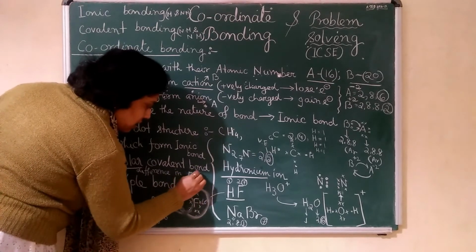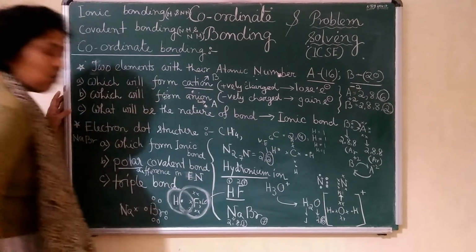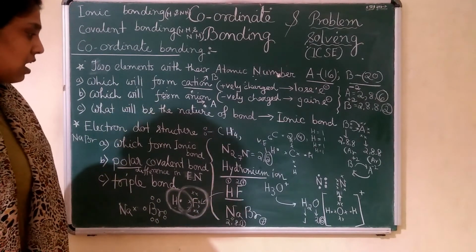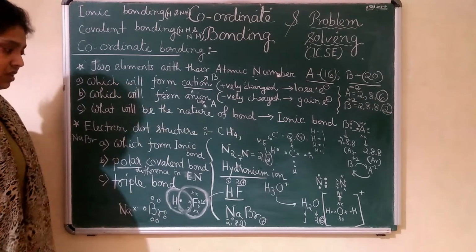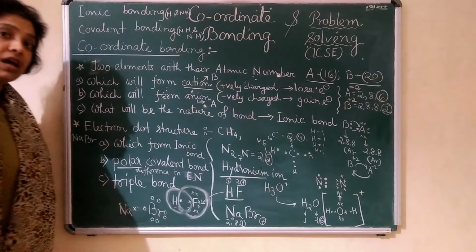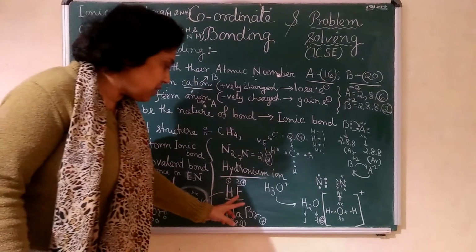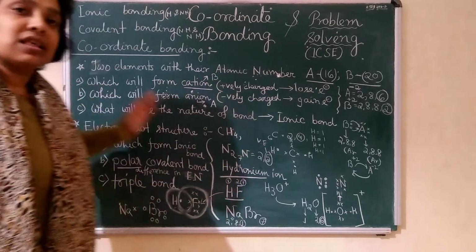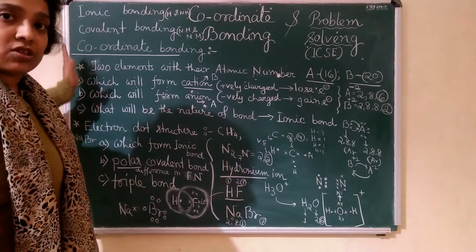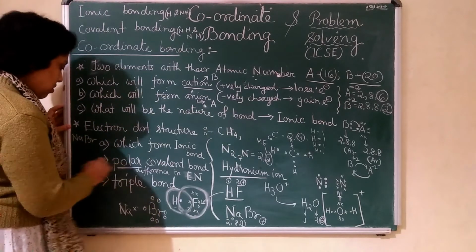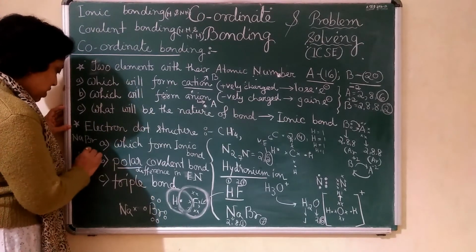EN, electronegativity. Two atoms have a huge difference in electronegativity. Now which one do you think? See, H and F both are non-metal, but fluorine is the highest electronegative, but hydrogen is written in the first group. So there is a huge difference in electronegativity. So polar covalent bond is HF or HCl also.